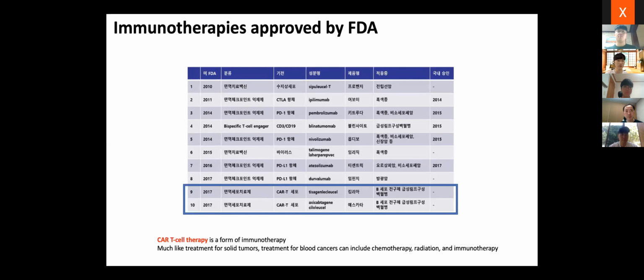You can see that various types of immunotherapies, including vaccines and checkpoint inhibitors and other very diverse things, have been coming out in the past 10 years. CAR T has been a groundbreaking technology, even in the developing stages of immunotherapy. There are only two drugs, according to the 2017 statistics. So it is a new form of immunotherapy.